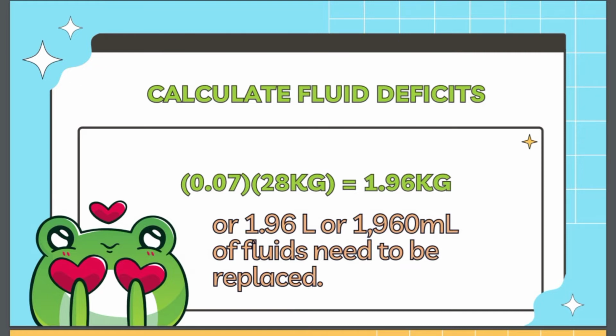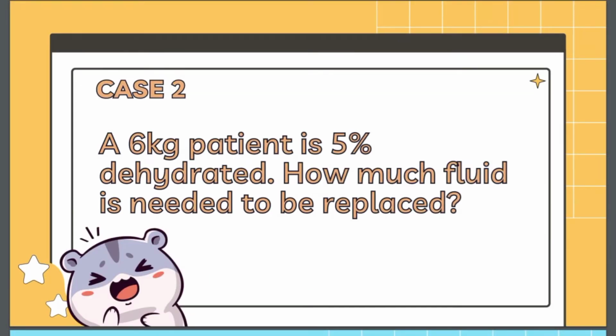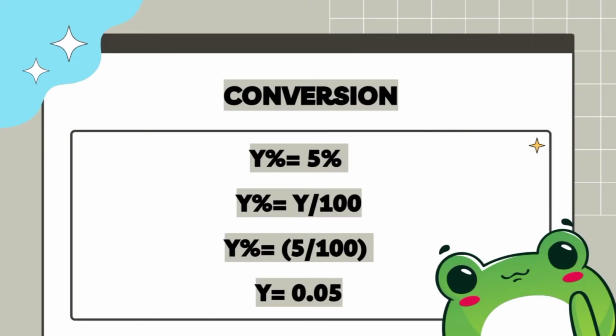replaced. Case 2. A 6 kg patient is 5% dehydrated. How much fluid is needed to be replaced? The same steps will be done as in case 1. Conversion of fluid deficit percentage into decimal: 5% into 0.05.